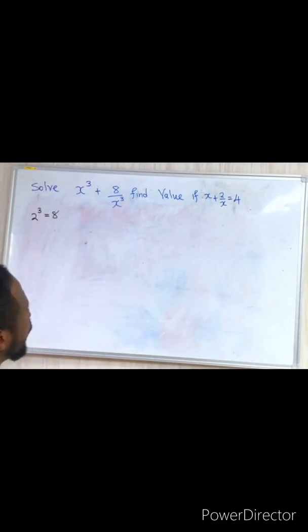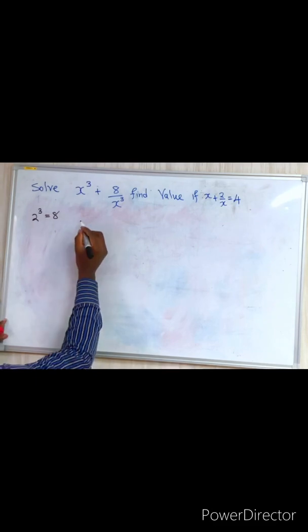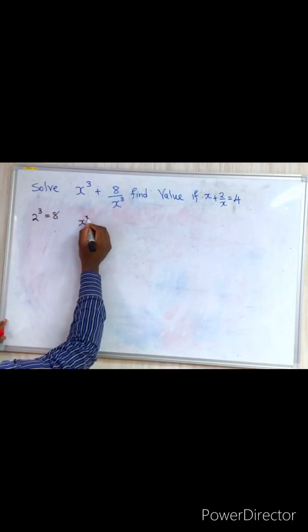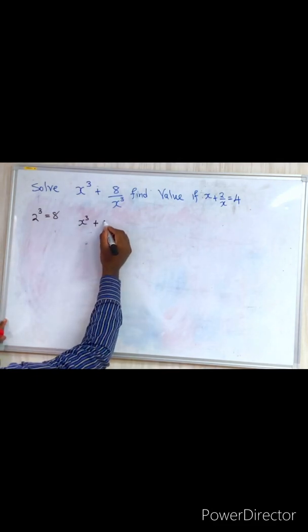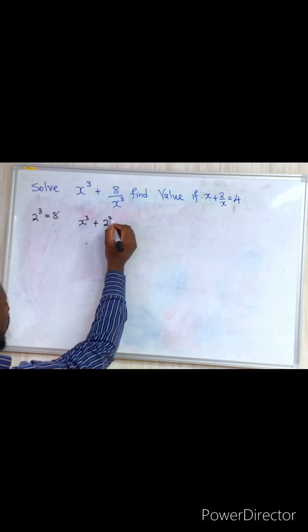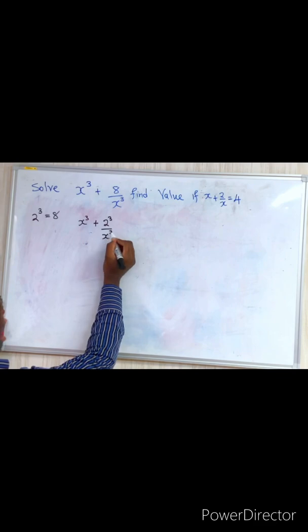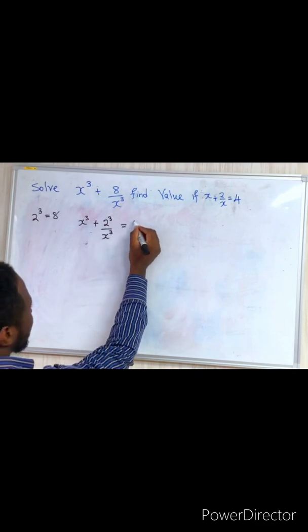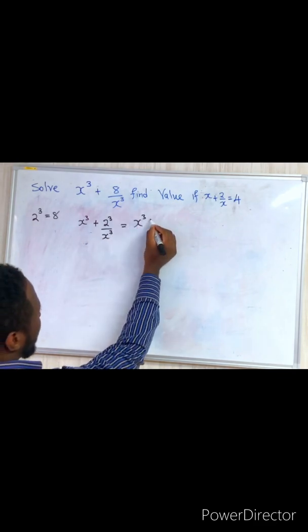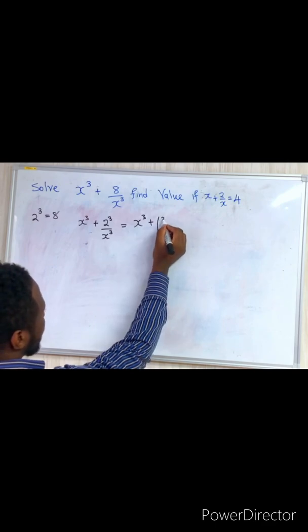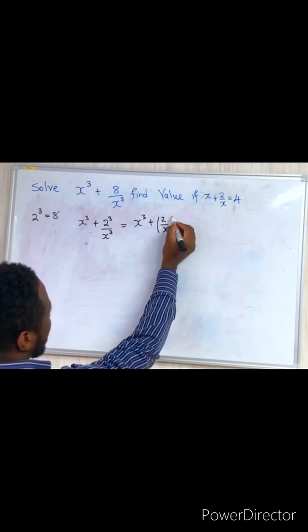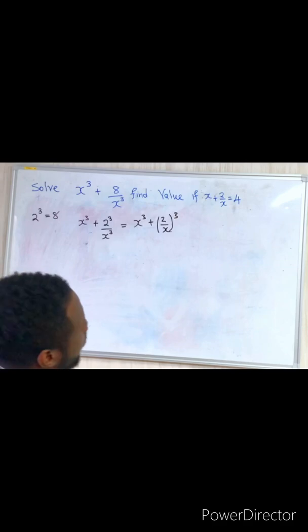So meaning this equation, we can rewrite it as x to the power 3 plus 2 to the power 3 over x to the power 3. This is the same as x to the power 3 plus 2 over x to the power 3.